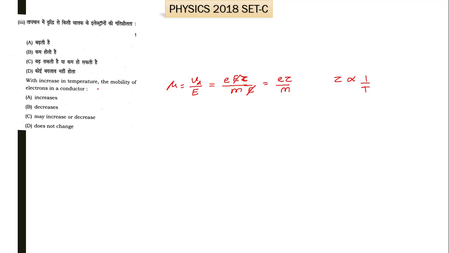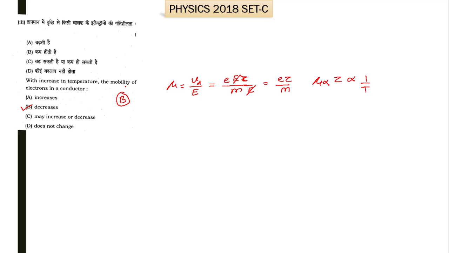Now, since mobility is directly proportional to tau, we can write mu is directly proportional to tau and tau is inversely proportional to T. So mobility is inversely proportional to T. As temperature increases, mobility will decrease. Here temperature is increasing, so mobility should decrease. So B is the right option for the third part of question number 1.